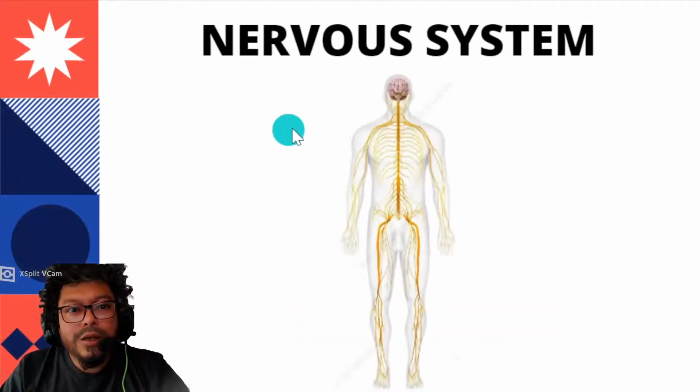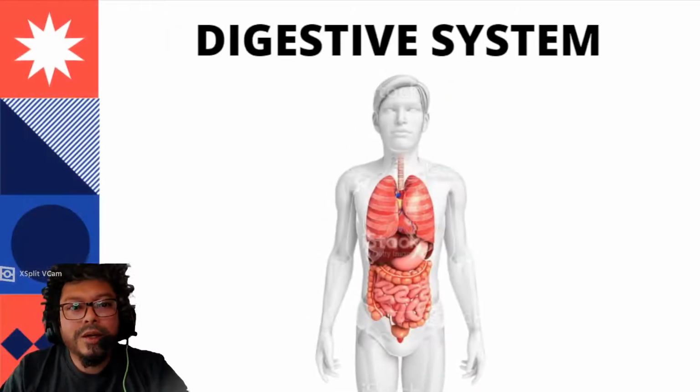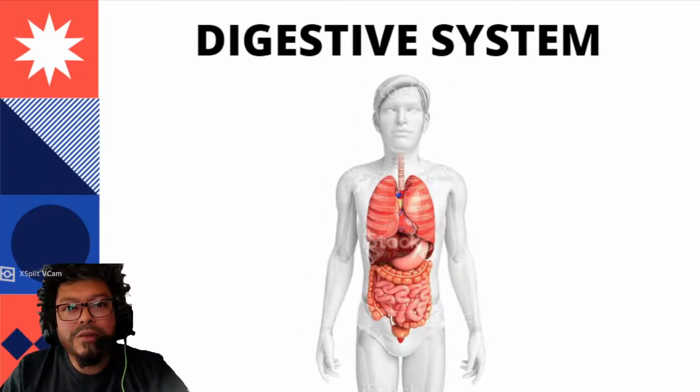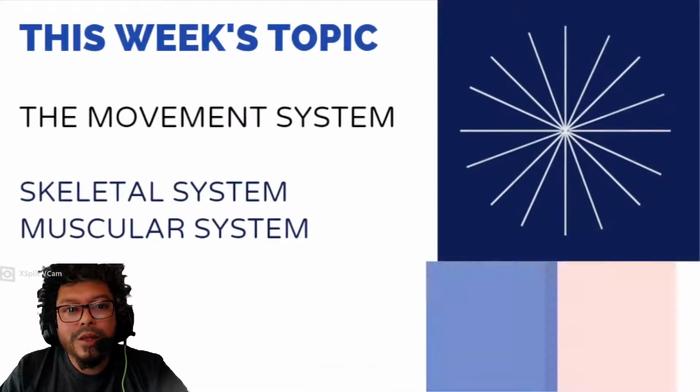The other system would be nervous system. This is connected to our brain. This is our brain, and somehow it's connected, and this is very important for us to learn. And the next system would be digestive system. What happens to the food or drinks that you eat? So we shall learn about our digestive system.